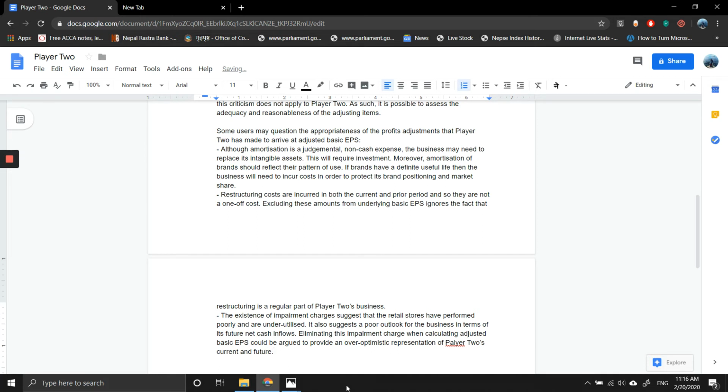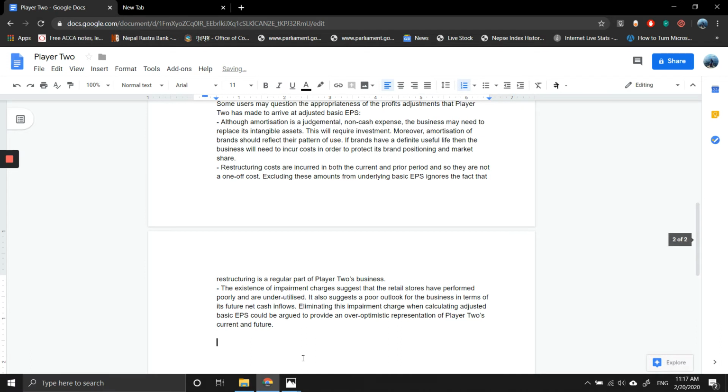So why are they saying that? When you have impairment, it's basically like the recoverable amount is lower. Suppose you are using value in use, that means your cash flow in the future is less; that's what impairment indicates. So if we eliminate this impairment charge when calculating basic EPS, it will give a very optimistic future, which might not be the case.